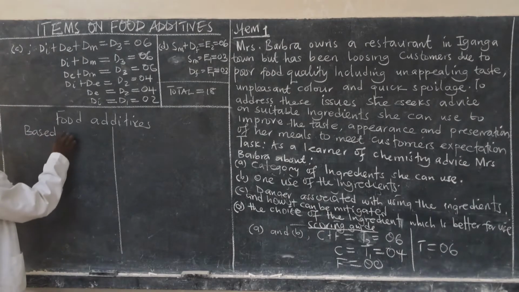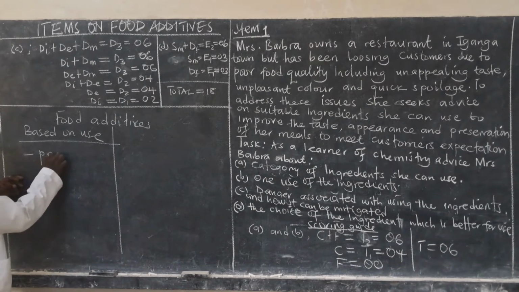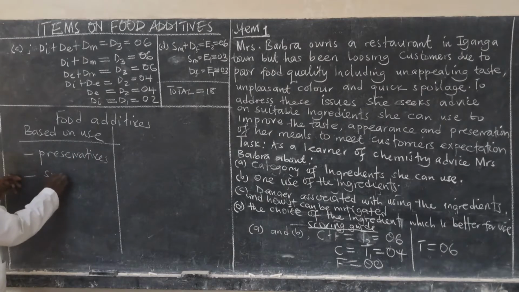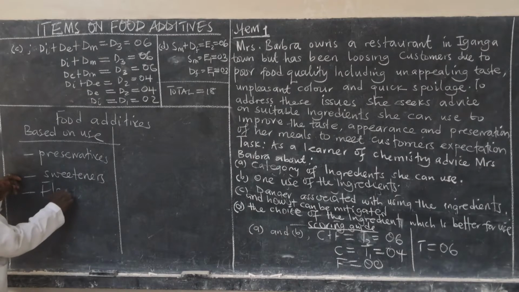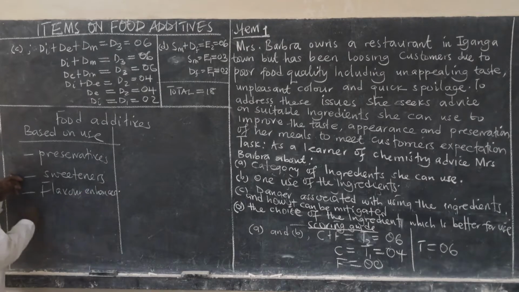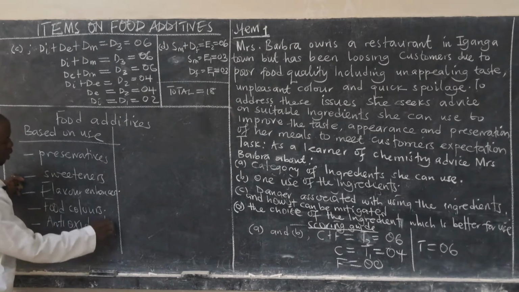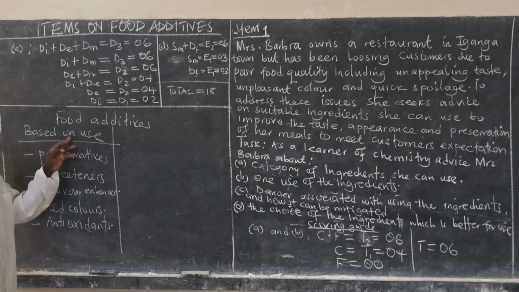Based on the use or the function, they can be categorized as preservatives, as sweeteners, as flavor enhancers, as food colors or colorants, as antioxidants, etc. There are many categories based on their use.